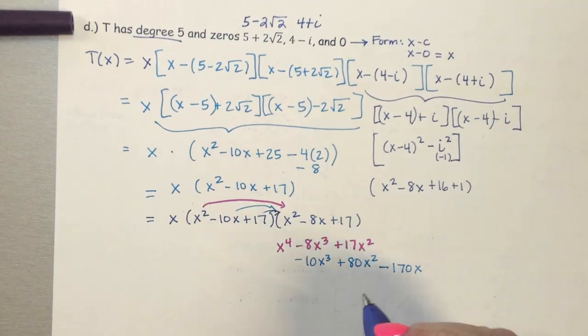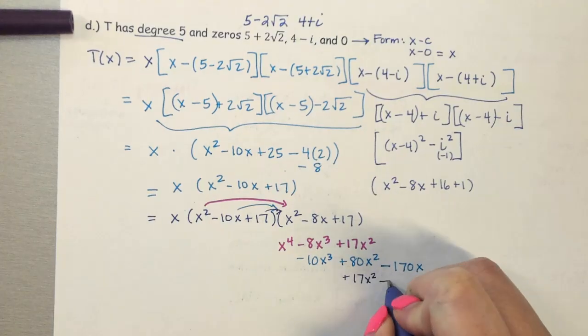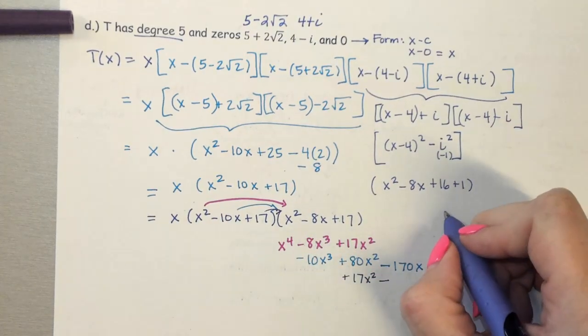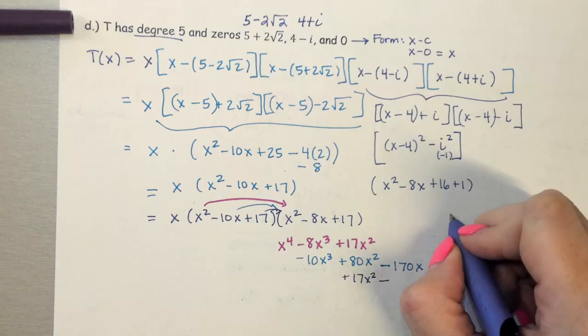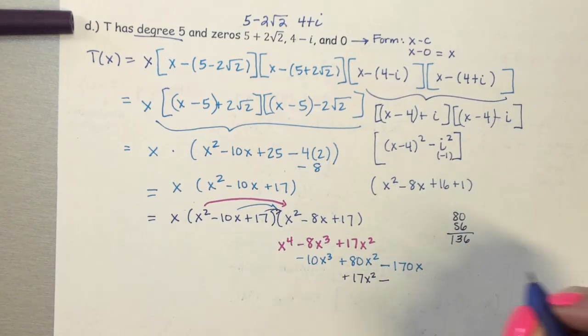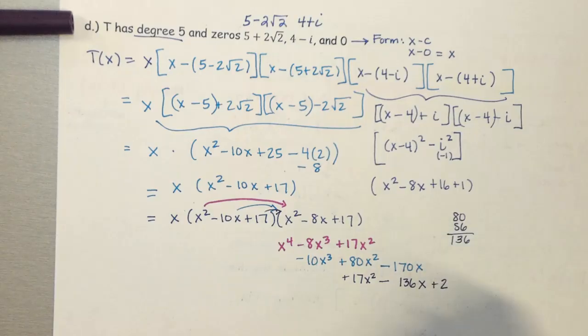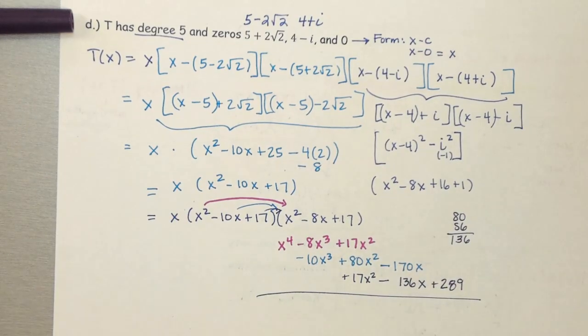Okay, and then the last one, I got 17x squared minus, and this I wrote out. So I said, okay, 10 times 8 is going to be 80 and 56. So 136x, and then 17 times 17 is 289. So now I'm ready to add straight down.